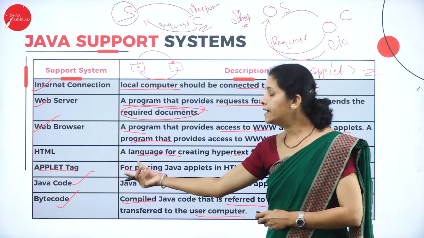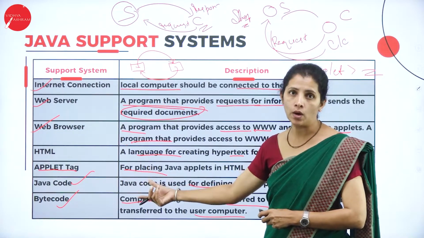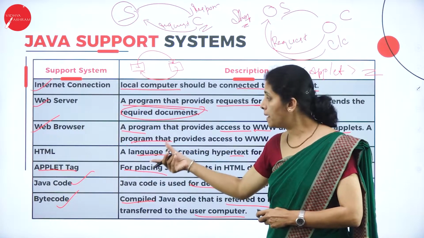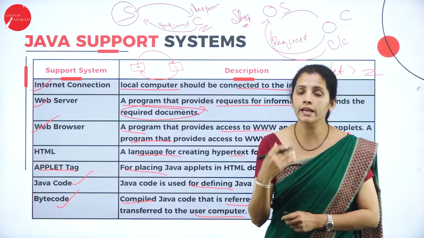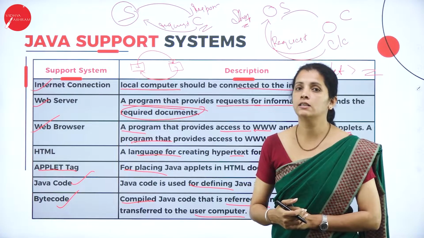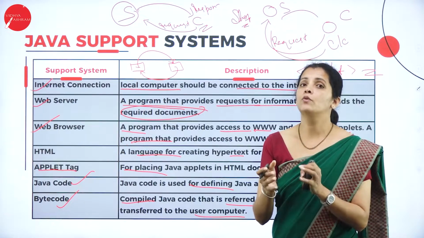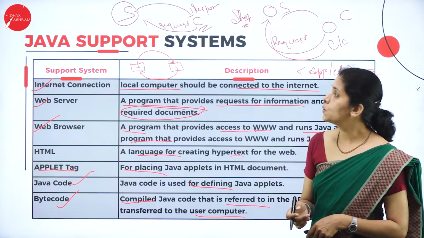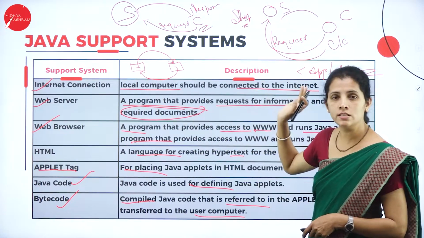Intermediate codes are known as bytecode, and to run this bytecode I require an interpreter. Then what is the input to the interpreter? That is bytecode. After interpreting, I'm going to get the machine code. So these are some of the Java support systems.